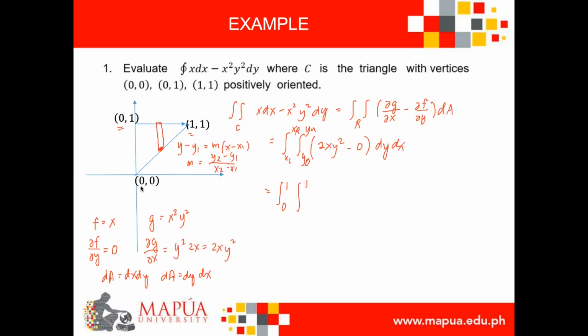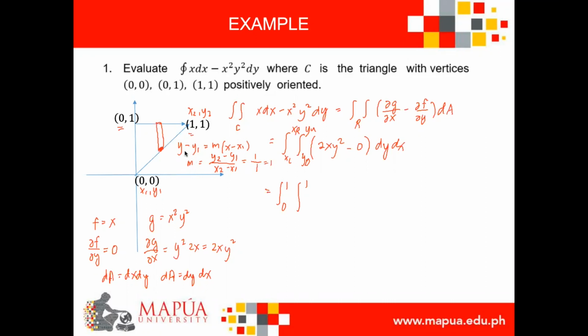So let us consider the first point here at 0, 0 as x1, y1, and then the point 1, 1 is our x2, y2. Using this formula, we have 1 minus 0 is 1, then in the denominator, 1 minus 0 is 1. So this slope is equal to 1.